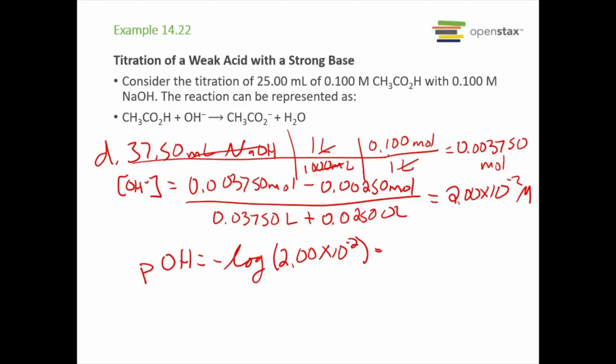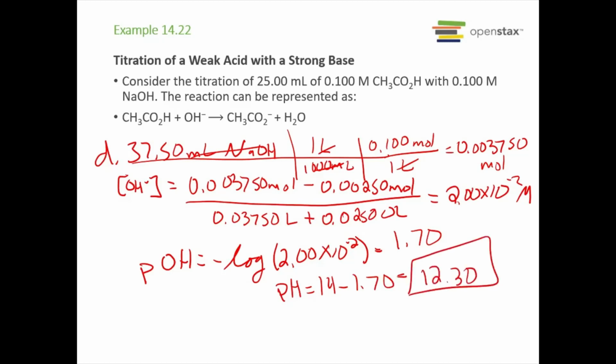So we get a pOH of 1.70. So our pH equals 14 minus that, and that gives us 12.30 for our pH.